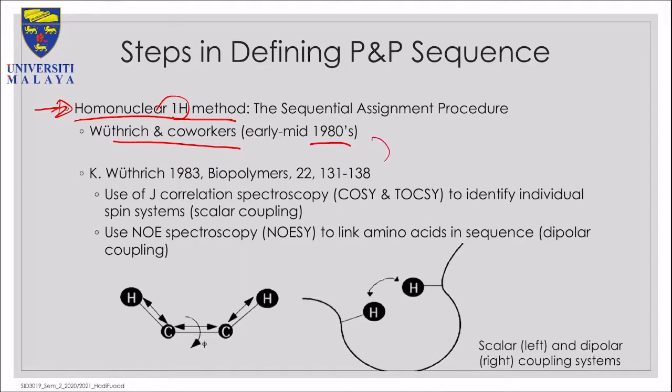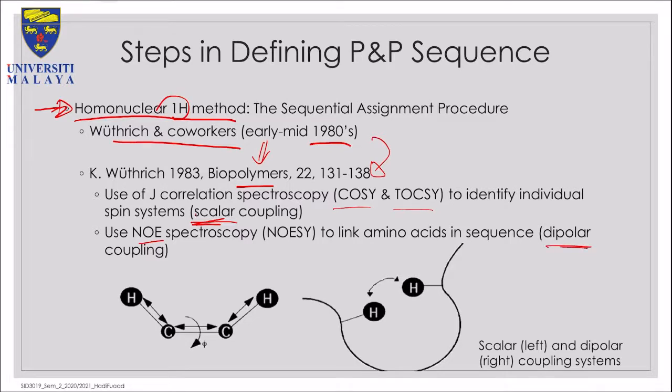And in 1983 they also published this paper, and they published another book in a bit more detail on how you can actually do that. So in this manuscript, basically what Wüthrich and the co-workers did was to use the J correlation spectroscopy, which is COSY and TOCSY, to identify individual spin systems. Okay, scalar coupling. So we'll look at scalar coupling. It's just another revision. And to use NOE spectroscopy or NOESY to link the amino acids in sequence, dipolar coupling.